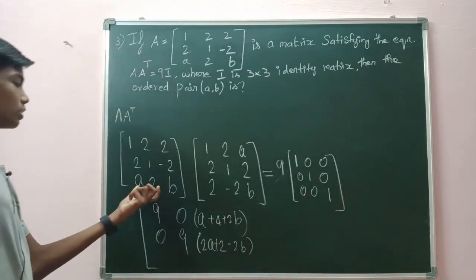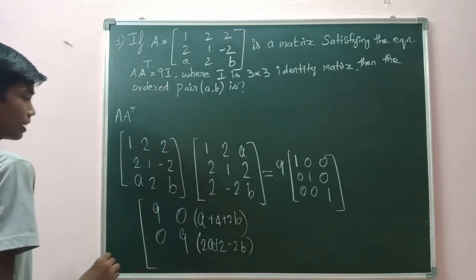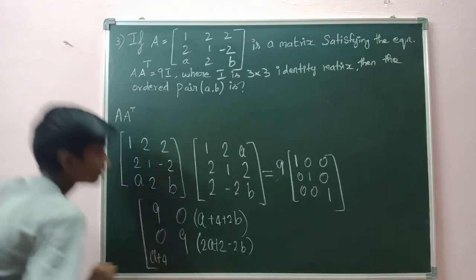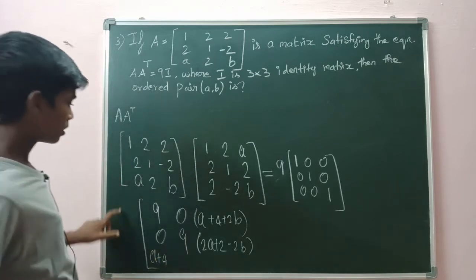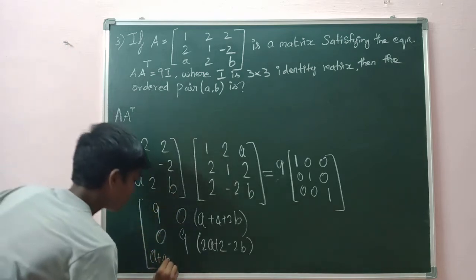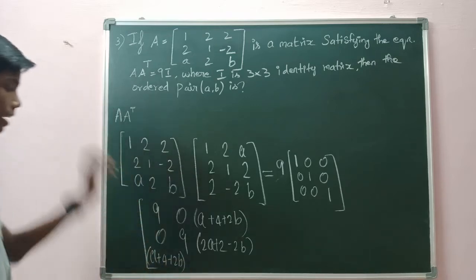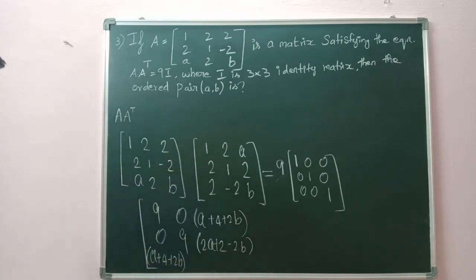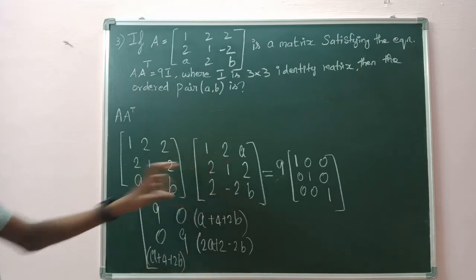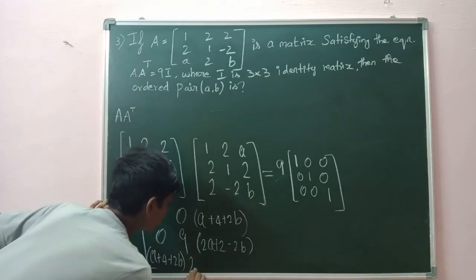Then finally, third row into first column. I think it will be A plus 4 plus 2B. This is this element, and after this you will have third row into second column. Third row into second column will be again 2A.